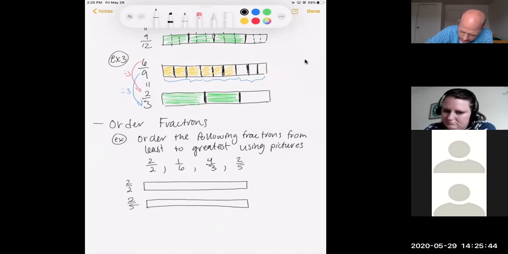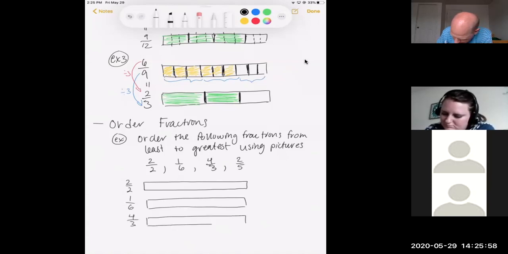We want to do 1/6 next. You can compare them. And it's good to just practice drawing bars and partitioning bars into halves, thirds, fourths, fifths.